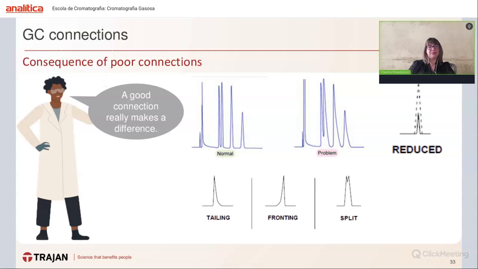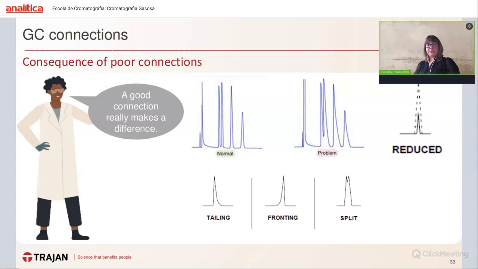Peak shapes are good, nice for analysis. Then we can observe various problems arising from our connections. So the peak size can be reduced. We can observe tailing, fronting, or splitting of the peaks when our connections are not made great.